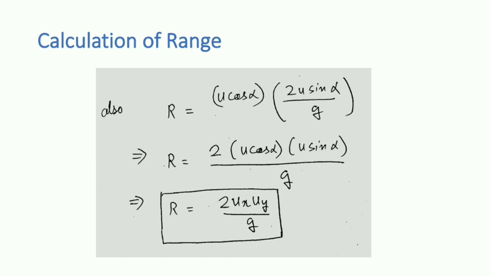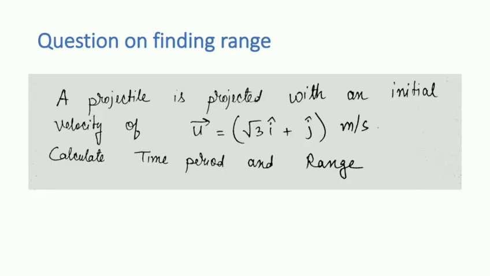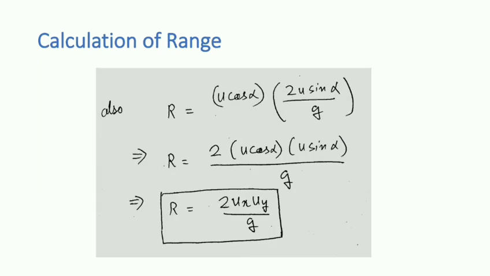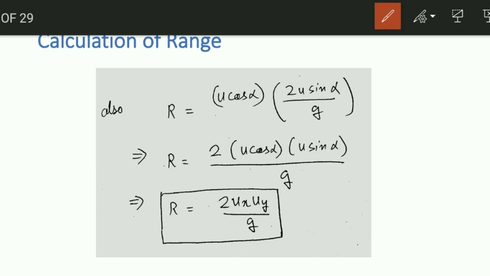So there is another variation. I'll show you what is the utility of this variation. R is equal to u cos alpha into 2u sin alpha by g, as we saw in the earlier slide. Now we can separate u cos alpha and u sin alpha and this 2. u cos alpha will be ux, u sin alpha will be uy, and here it is 2.